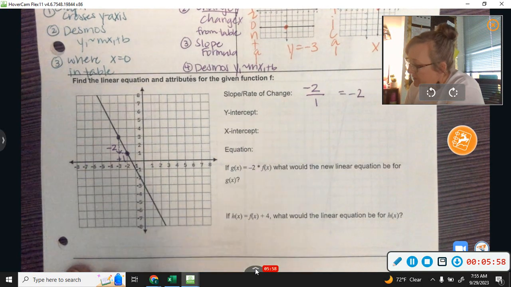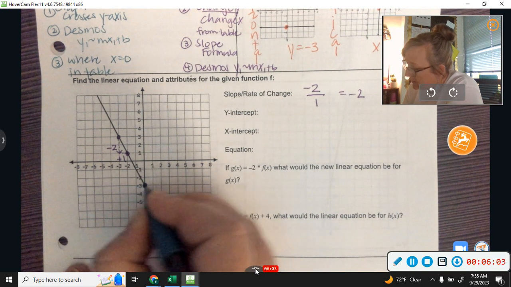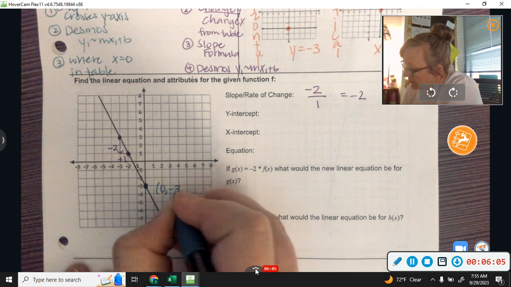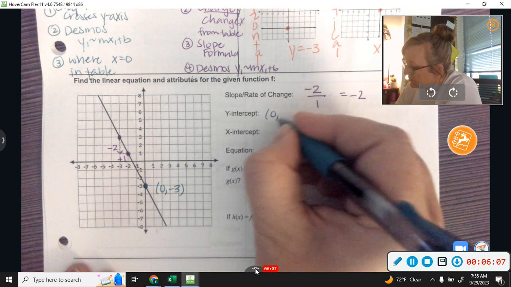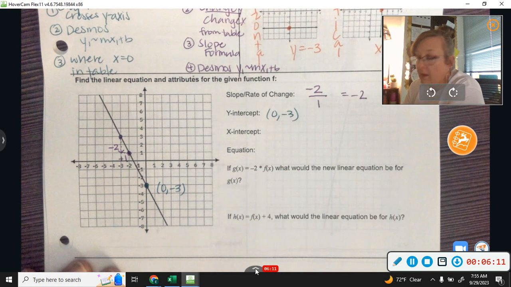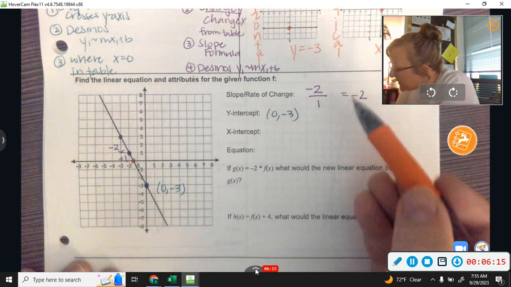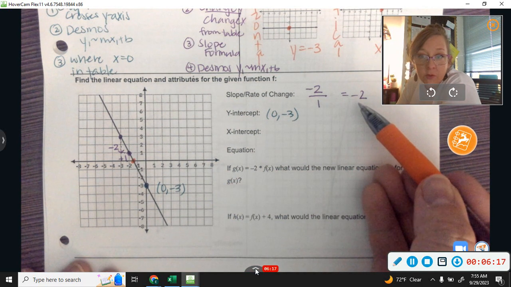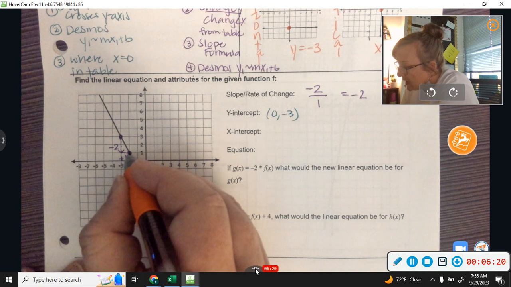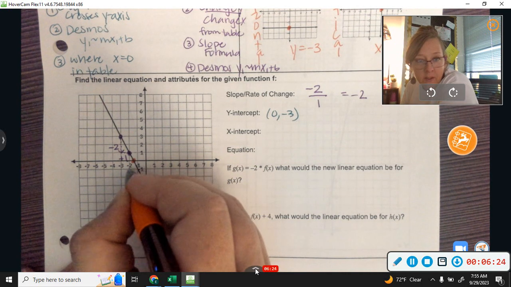The y-intercept is where it crosses the y-axis, which is right here at (0, -3). So my y-intercept is -3. The x-intercept is where it crosses the x-axis. So if my slope is -2, it's going down 2. If this is going down 2 and over 1, then this is halfway between that.